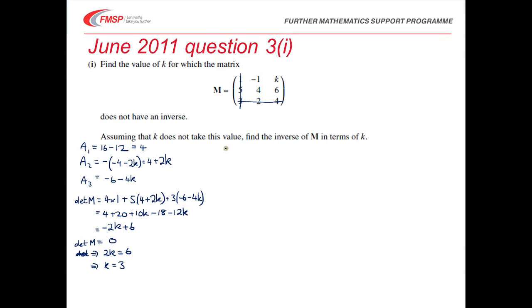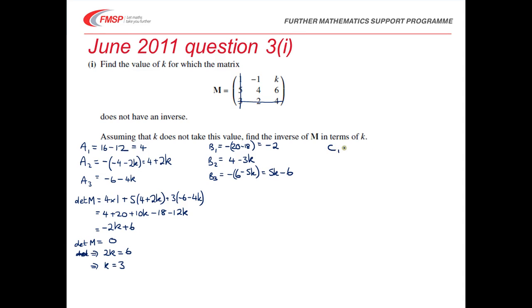To find the inverse in the case k is not equal to 3, we need the other cofactors. So B1, that's minus 20 minus 18, which is minus 2. B2 is 4 minus 3k, and B3 is minus 6 minus 5k, or 5k minus 6.